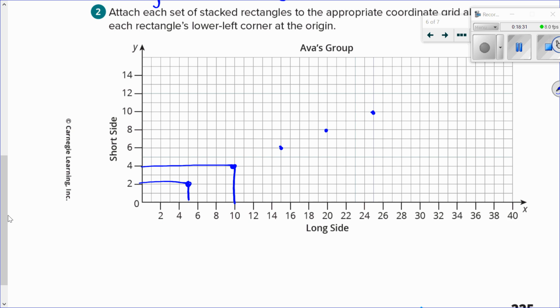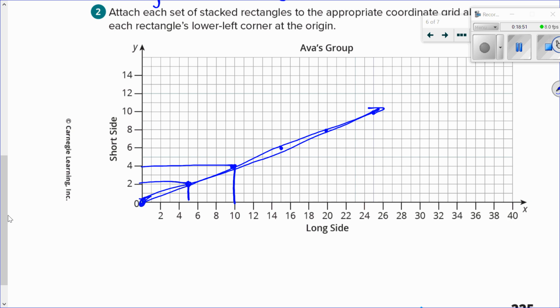If you have a straight edge, you should be able to lay that straight edge down, and you'll see that those points all come together and make a perfect line that goes through the origin, 0, 0.